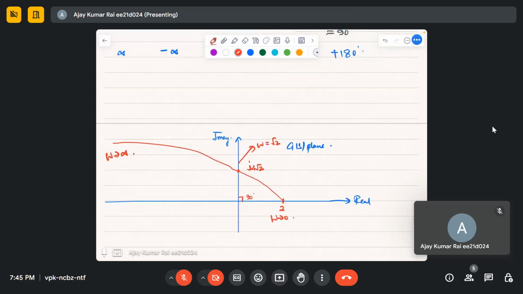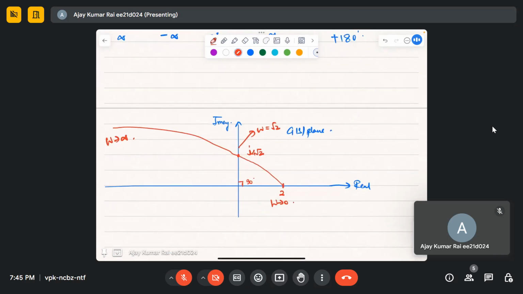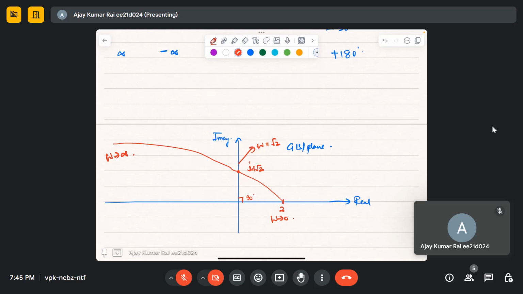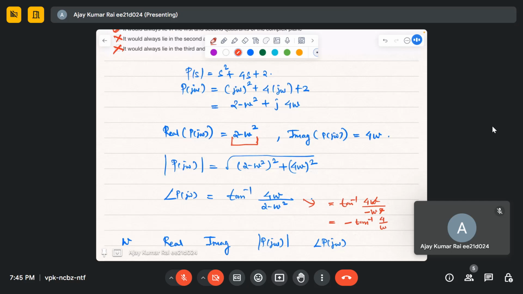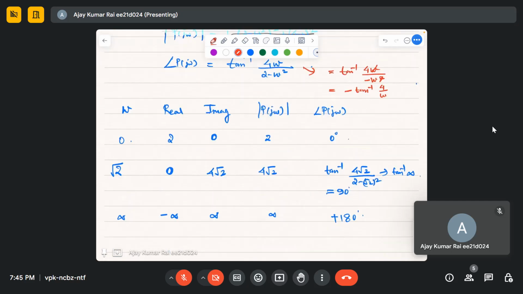So you can see from here also. These frequencies are omega greater than root 2. That's why the real part is always negative. So this conclusion we already derived when we were just writing out the real and imaginary part.